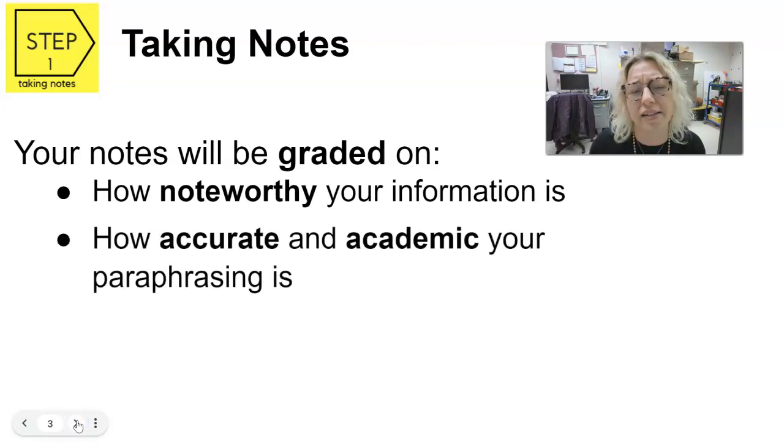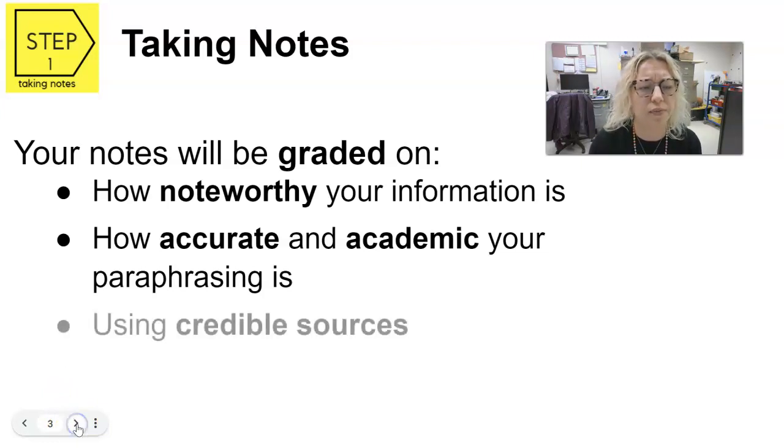How accurate and academic your paraphrasing is. So you're going to be looking for good, noteworthy information, and then you are going to be putting it in your own words. But you want to do that without making it informal or changing the meaning. And we'll talk more about that in 5.3 as well.